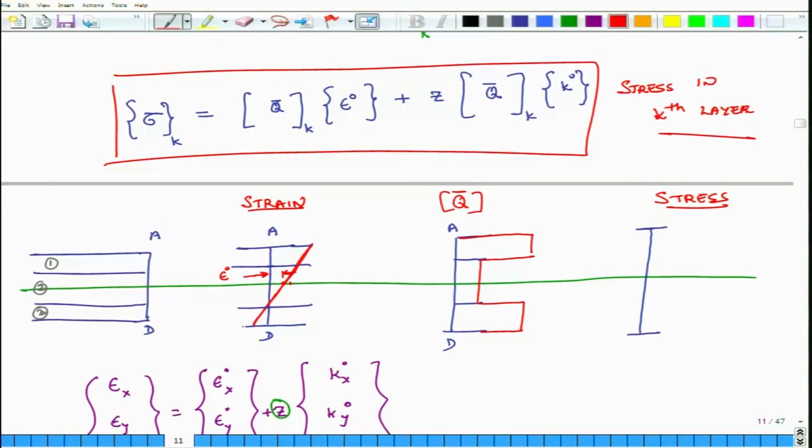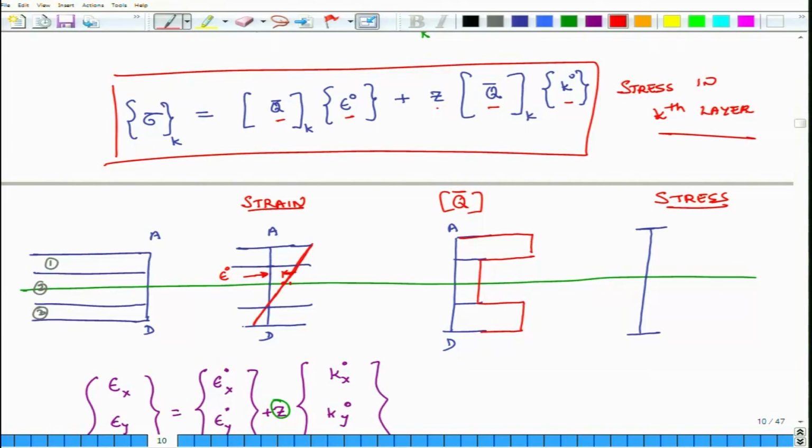So what that means is within a layer strain will vary linearly because Q bar is constant. Within a layer Q bar is constant, so this is constant, epsilon is constant, K naught is constant. So the only thing within a layer that is varying is Z.